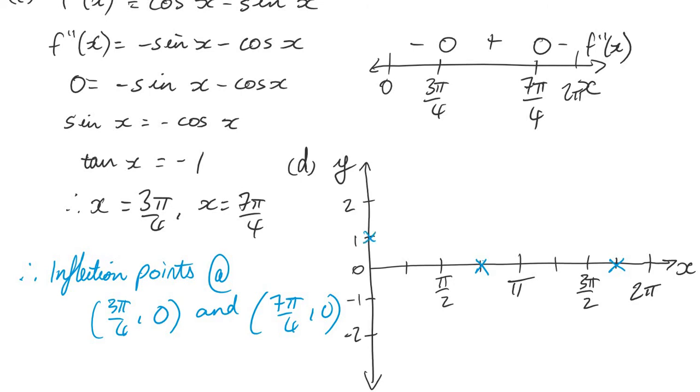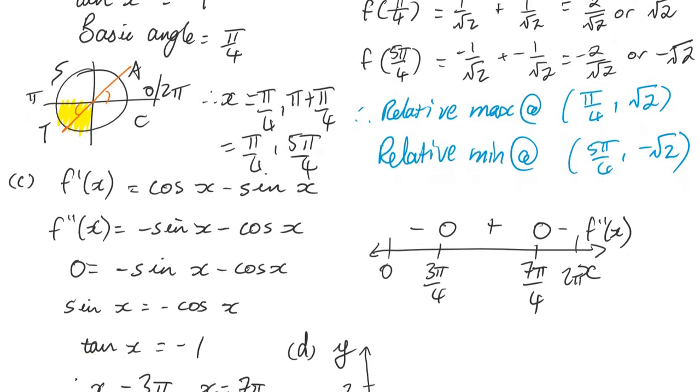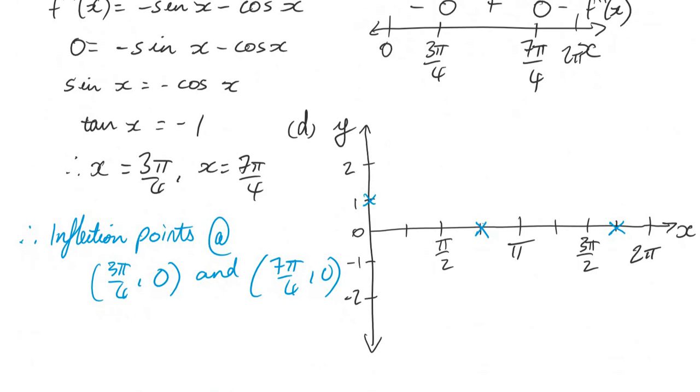There. We have to plot a relative maximum at pi on 4, root 2. And we have to plot a relative minimum at 5 pi on 4, negative root 2.